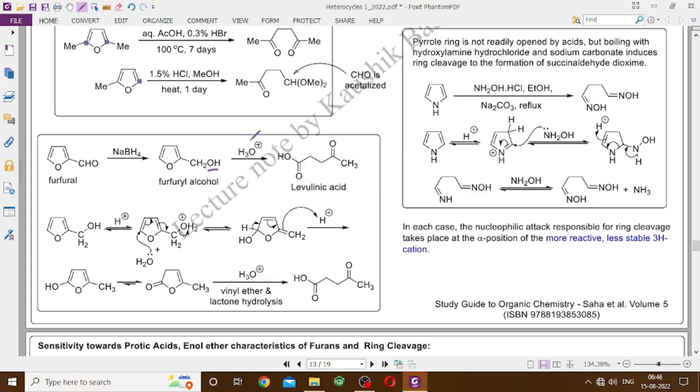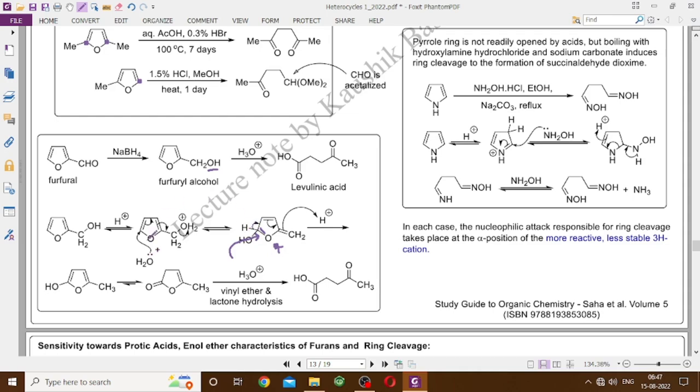So when this is treated with dilute acid, exactly that is what is happening, where the oxygen is supporting the departure of this OH2 plus. But in the presence of water, additional reactions can take place. A water molecule can attack at this alpha position and assist in the departure of this OH2 plus, or you can think in terms of this oxygen having assisted the departure of this OH2 plus, so we have a carbon-oxygen double bond here with a plus charge, and a water molecule has attacked at this position, so that the same intermediate will result.